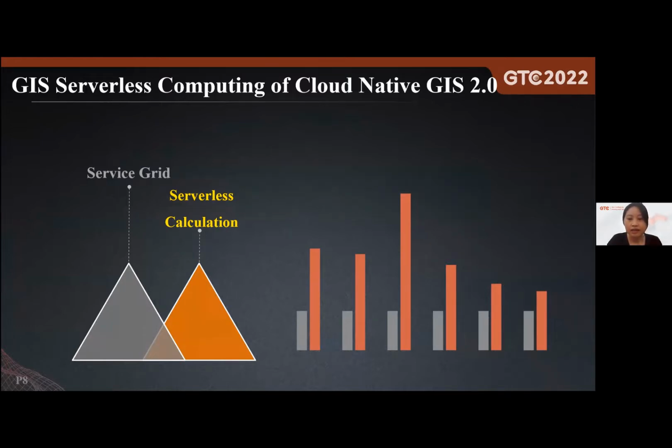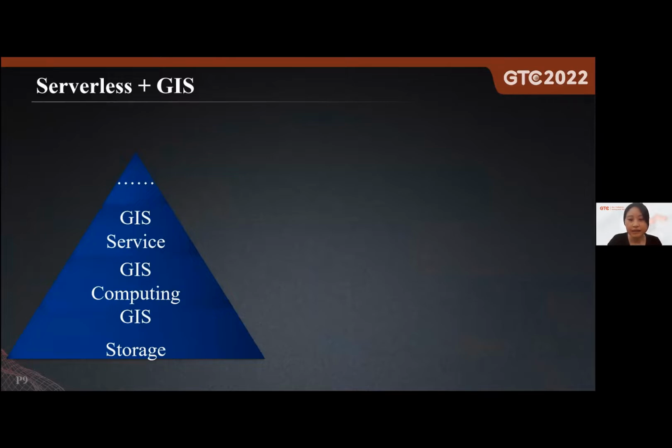And at the technical level, GIS serverless computing technology has relatively large technical changes compared with the traditional server computing. It is mainly reflected in the serverless of various GIS capabilities, including GIS data storage and management capabilities, computing, processing, analysis, and rendering capabilities, as well as service capabilities.